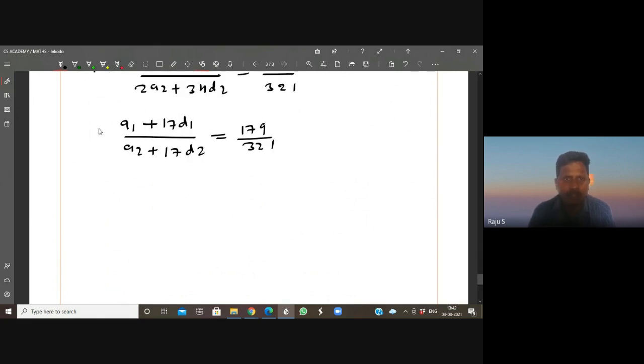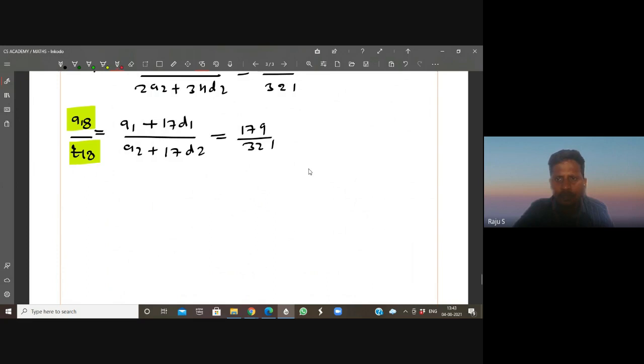This can be written as A18, and for the second progression I am taking T18. So the ratio of the 18th term of two arithmetic progressions is 179 by 321.